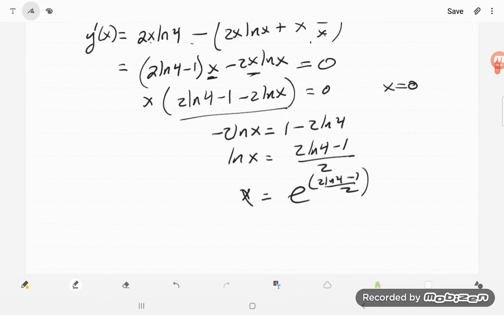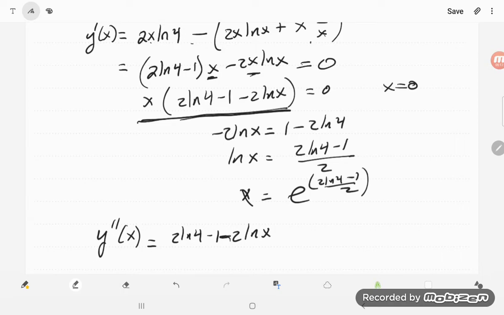Let's take the second derivative, y double prime. Maybe that might help us. You never know. y double prime of x equals, well, I suppose I'm going to use this form and do a product rule. So doing that product rule, I take the derivative of x, which is 1, so I get my 2 log 4 minus 1 minus 2 log x.